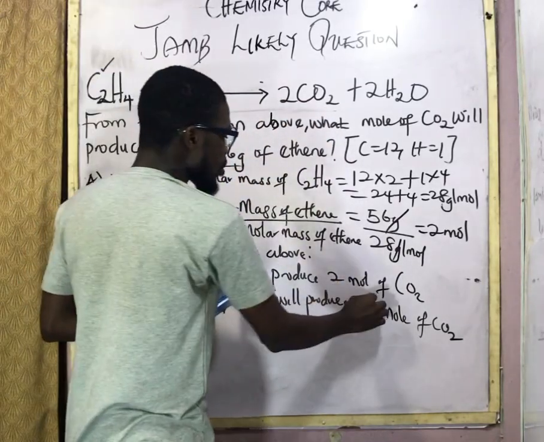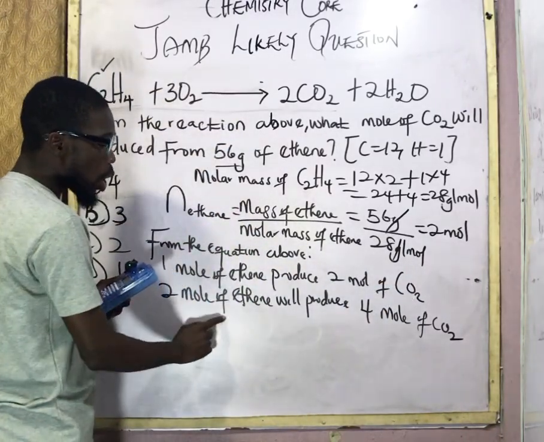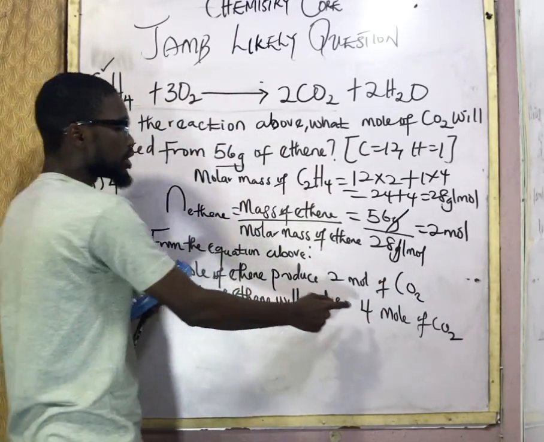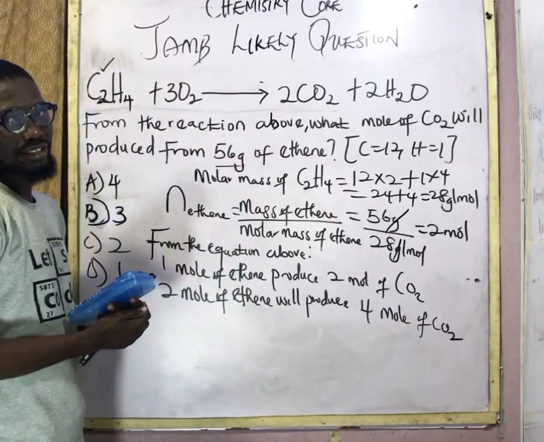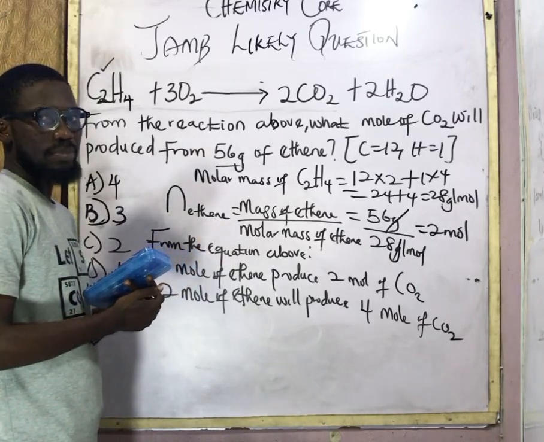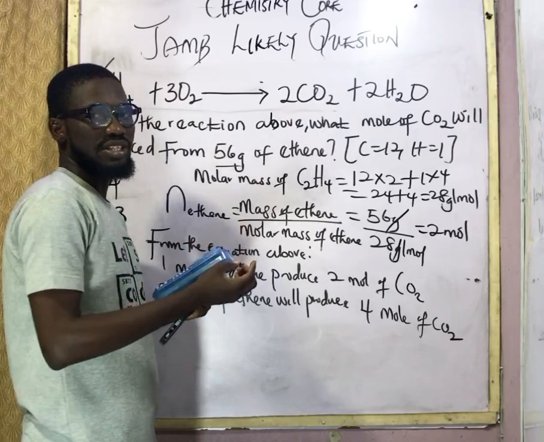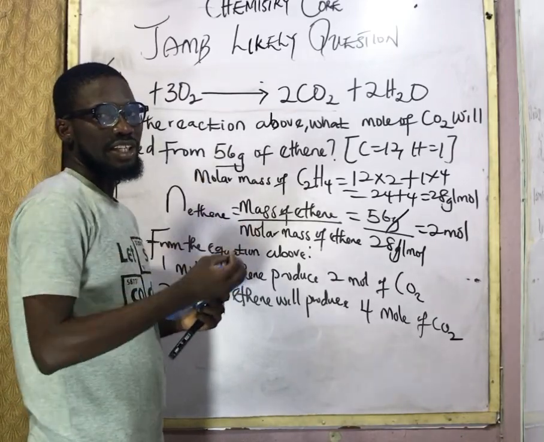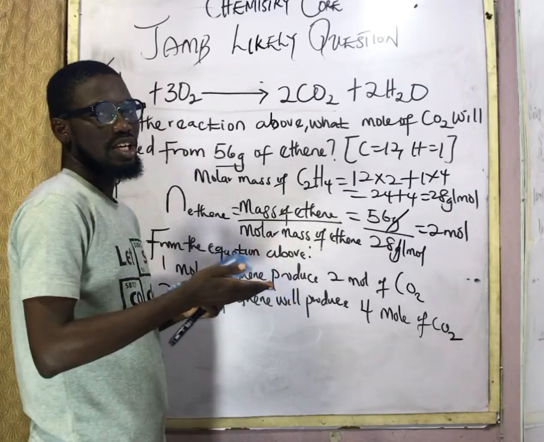Since we are having 2 mole of C2H4 here, that gives us 4 mole of carbon dioxide. It is as simple as ABC. You just need to apply the tricks to it, and you need to understand the question you want to solve before you jump into that question.